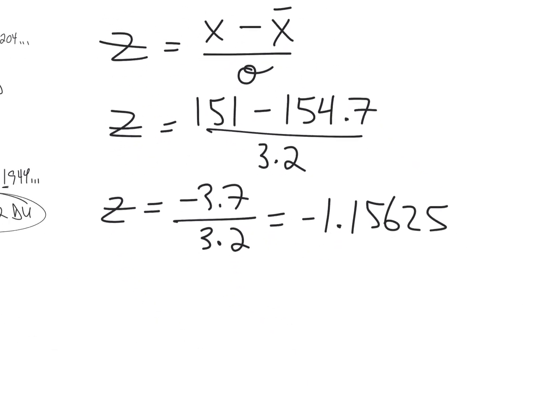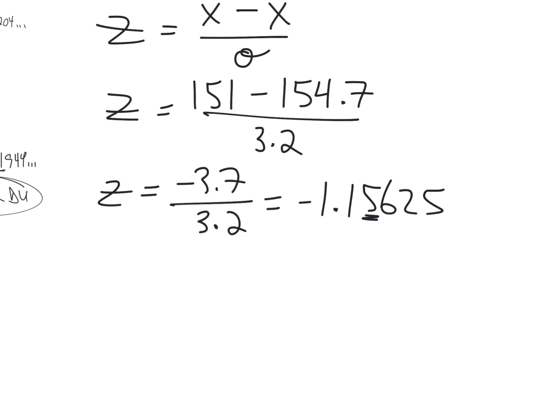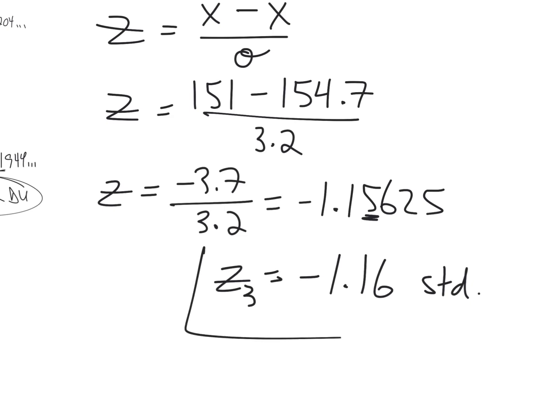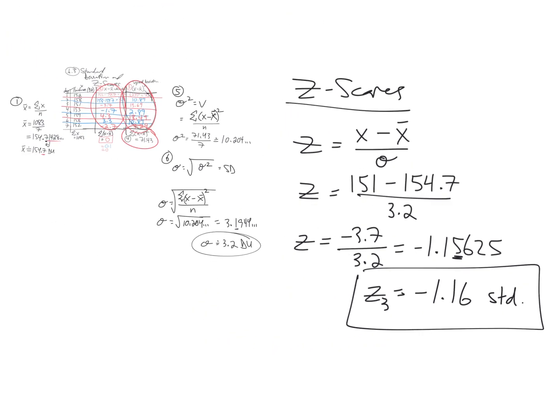And we're going to round this off to 2 decimal places, which is negative 1.16 standard deviations from the mean. So the z-score for the 3rd piece of data, so I'll call it Z3, is negative 1.16. What does this tell us?